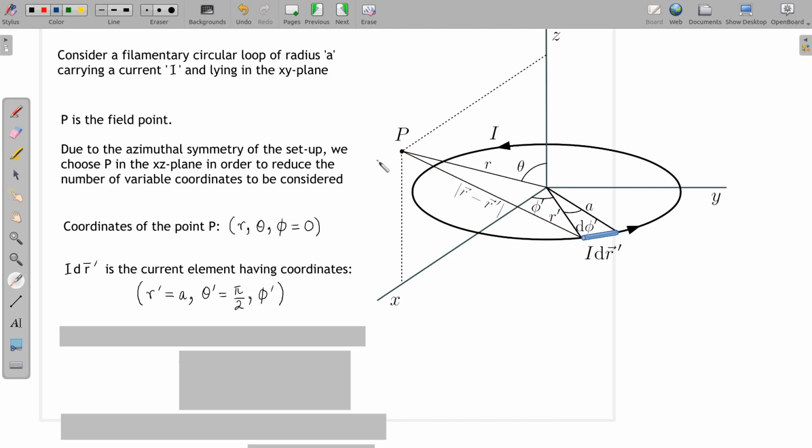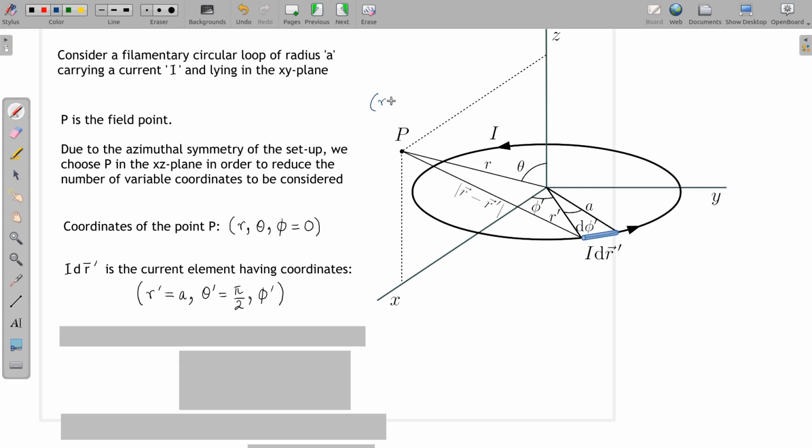Now what are the coordinates of this point? The coordinates of point P are r, theta, and phi equal to 0. Remember, we are using primed and unprimed coordinates, so if I want to refer to P, I need to use r, theta, and phi.